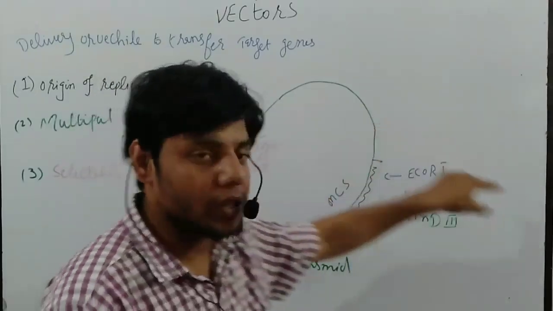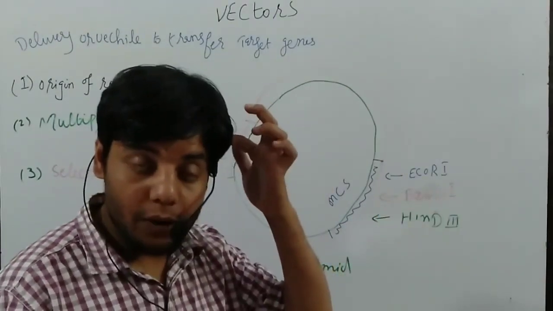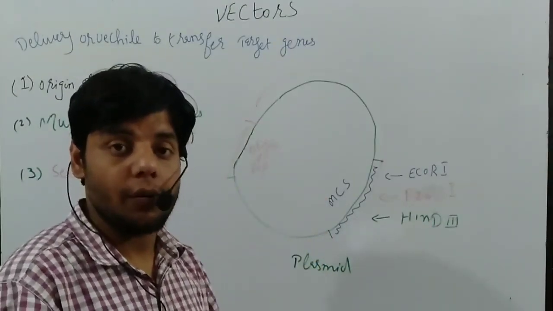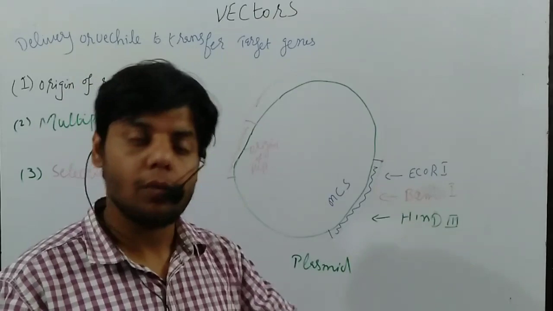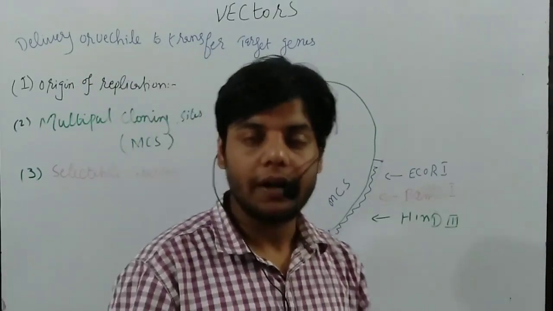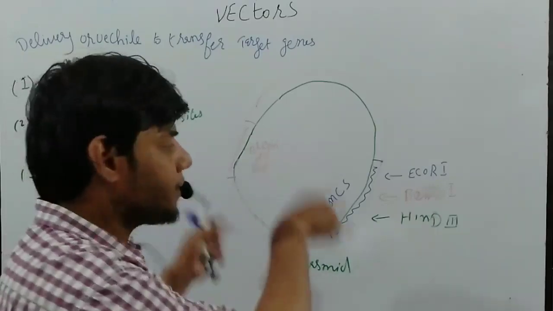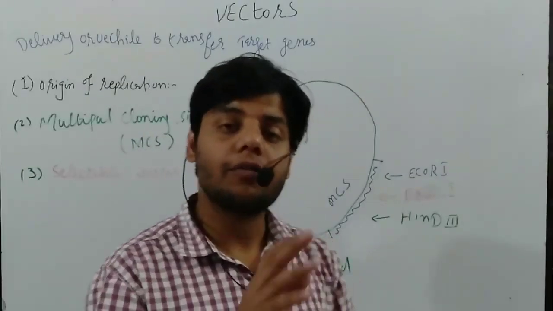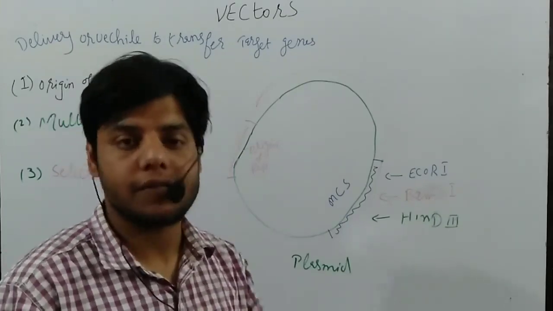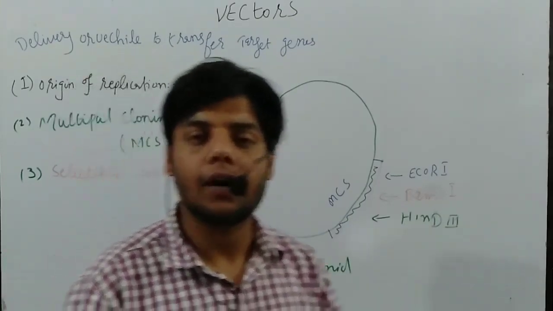We transfer this vector to a bacterial cell, but we don't transfer it directly. We can transfer it when we treat the bacterial cell with calcium chloride. Then the vector goes into the host cell, and after some time the host cell divides, due to which our gene of interest is also copied, and finally we get our product.